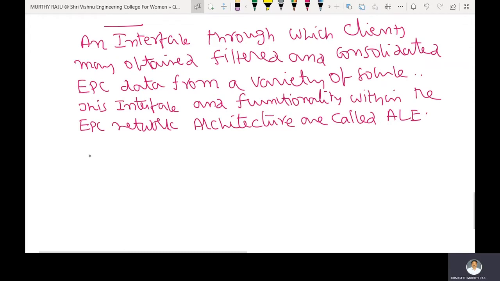ALE means the filtering and collection zone is also called ALE, application level event.